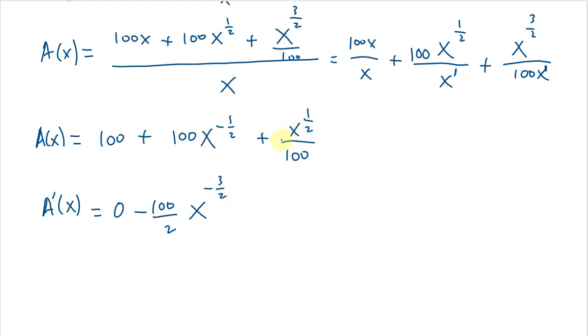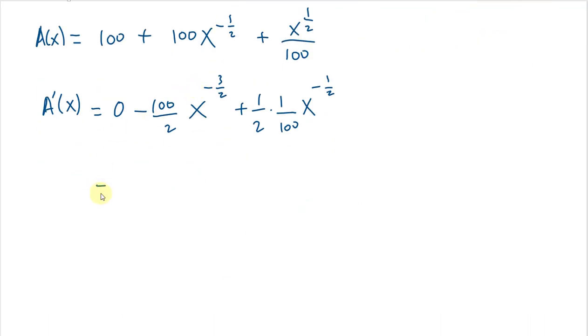Again, I bring the 1/2 down, and I keep 100 down here, and then for the x, I subtract 1 from the exponent. So 1/2 subtract 1, that is minus 1/2. And we can also simplify this here. This is 50, x to the minus 3/2, and then this is 200 down here, x to the minus 1/2 power.